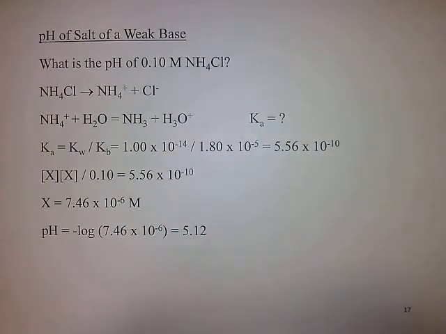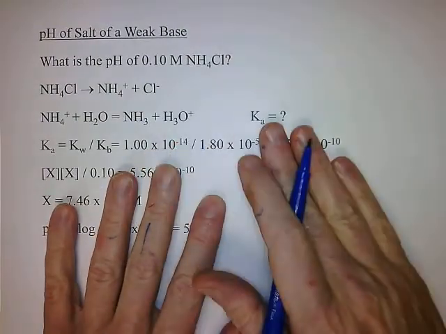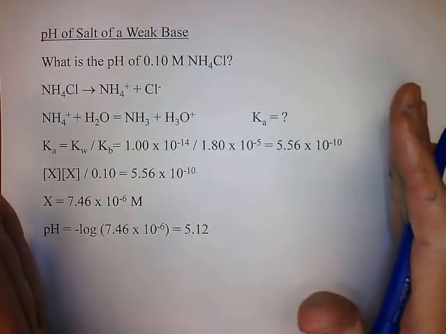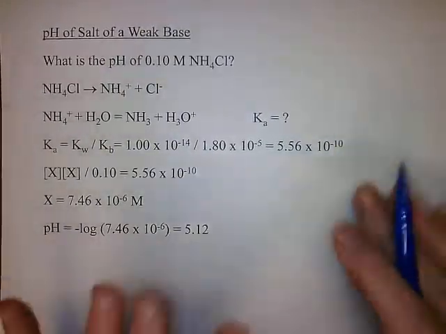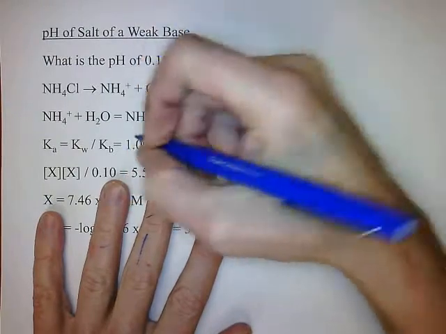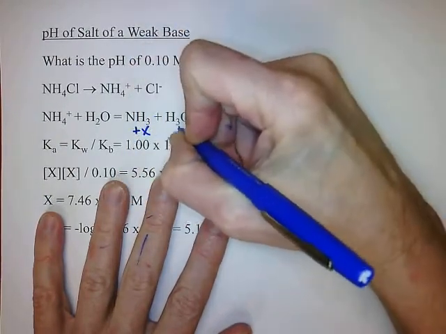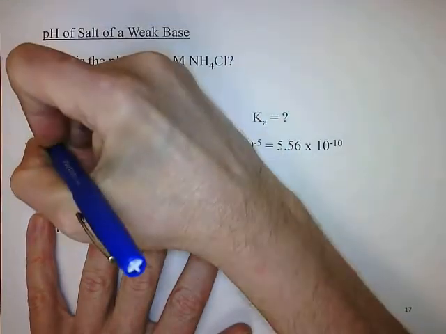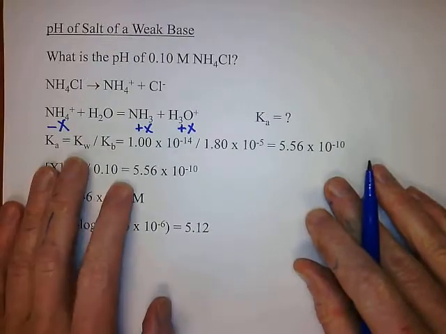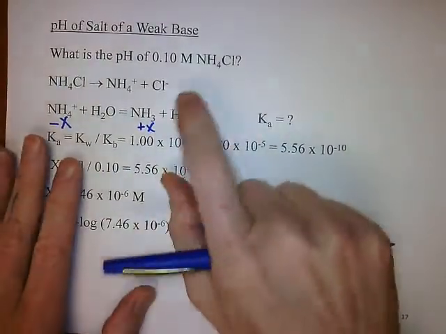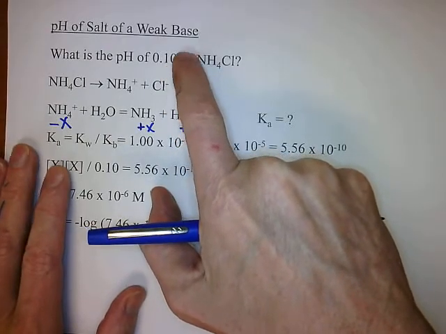Okay, so we'll set this up like we did before. It's going to shift to the right. We don't know how much, so we'll let X represent that and then set it equal to the equilibrium constant. So these will go up by X, and the concentration of ammonium will go down by X. We're going to make the simplifying assumption that 0.1 minus X is equal to 0.1.